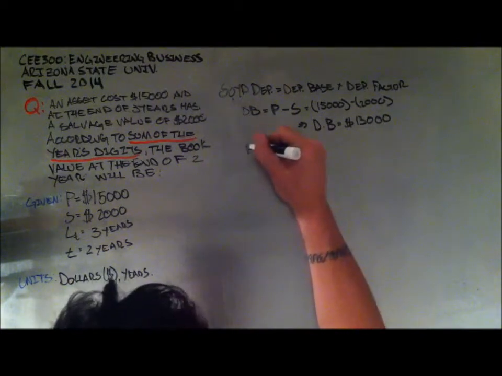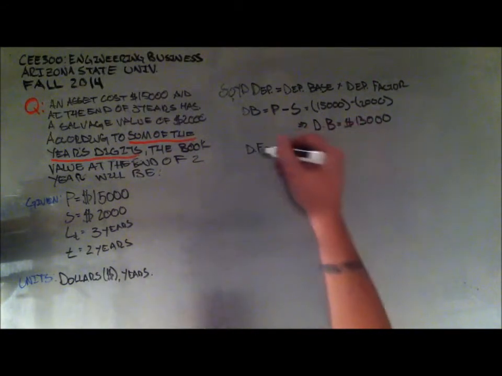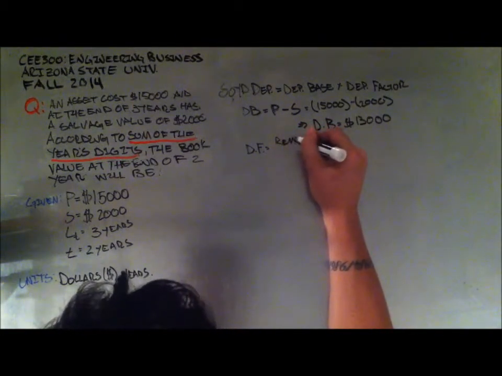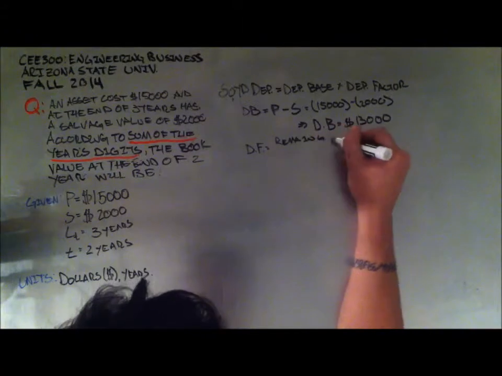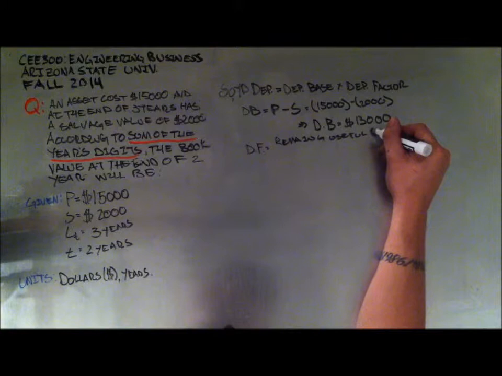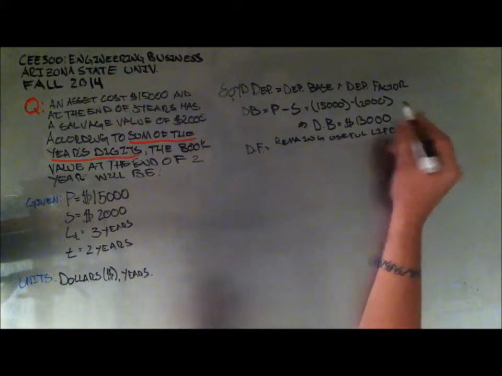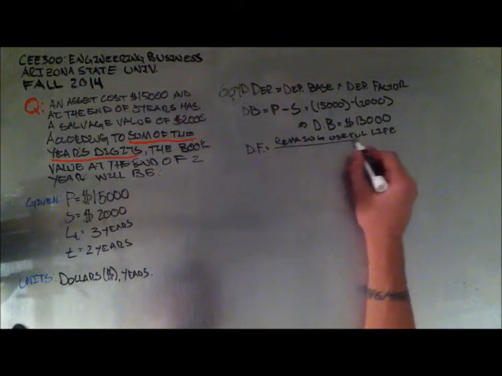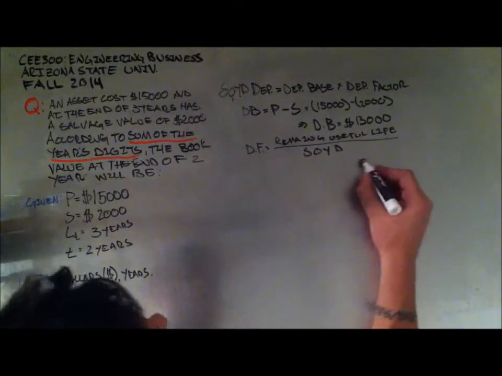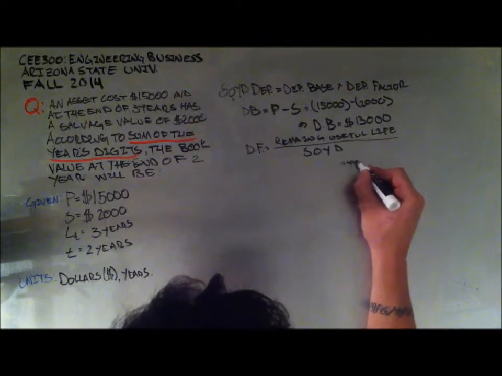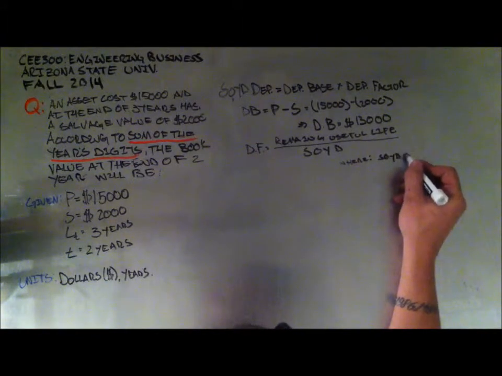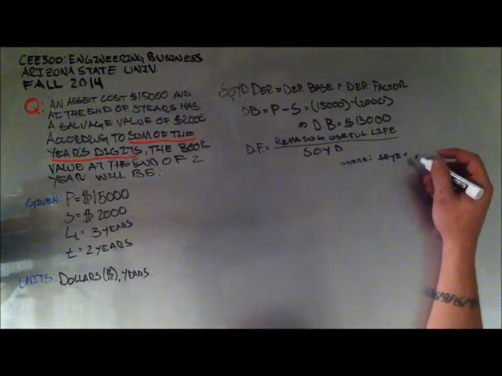The depreciable factor is equal to the remaining useful lifetime of the asset divided by the sum of the year's digits, where the sum of the year's digits is equal to simply the summation of all the years.